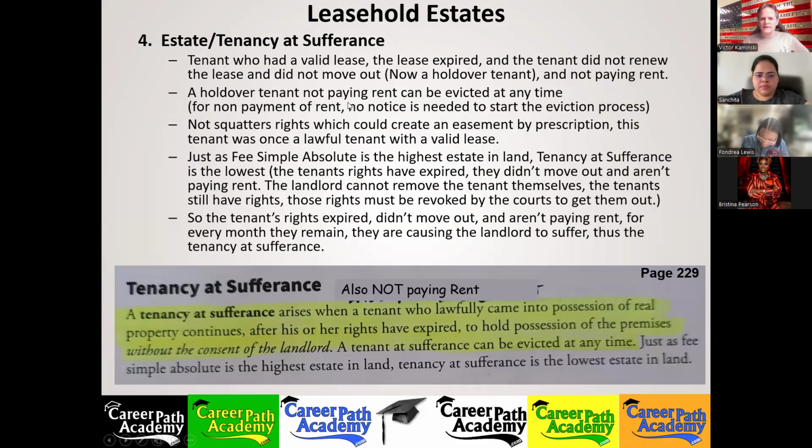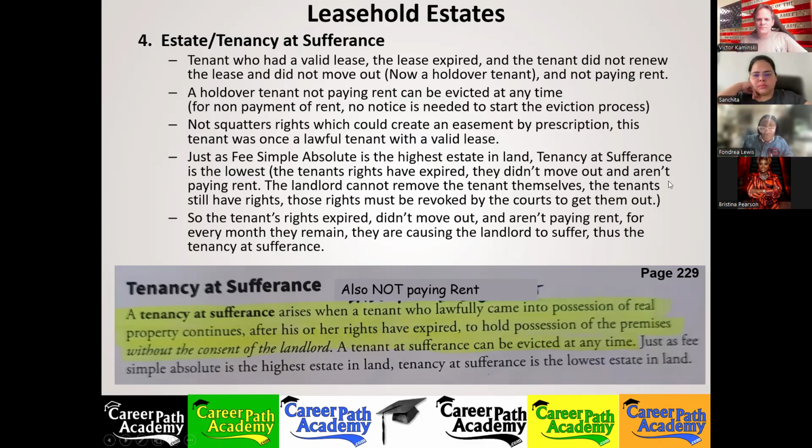So a holdover tenant that's not paying rent can be evicted at any time for non-payment of rent. No notice is needed to start the eviction process, and they don't have squatters' rights, which could create an easement by prescription. This tenant once had permission to be there.